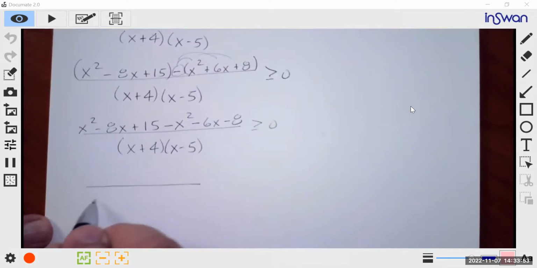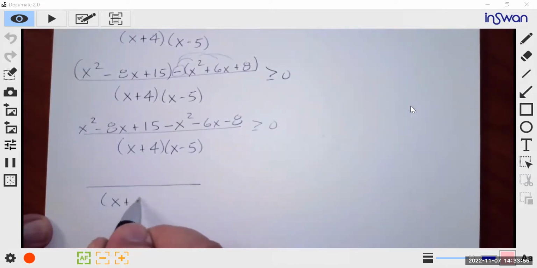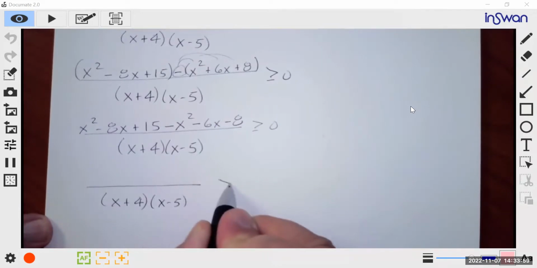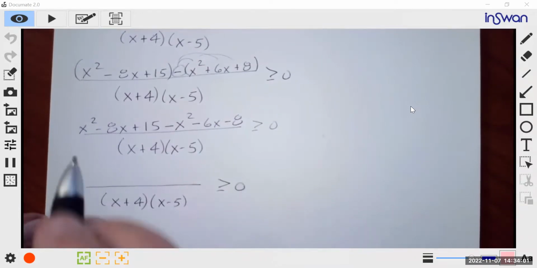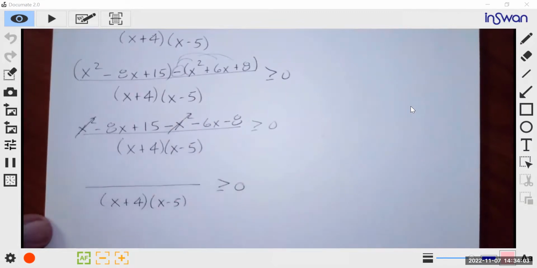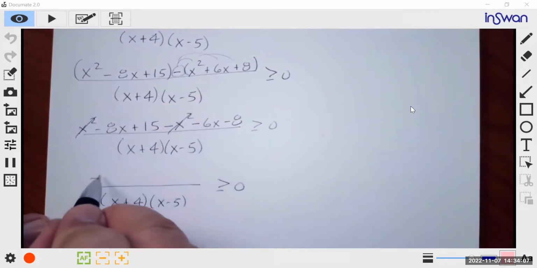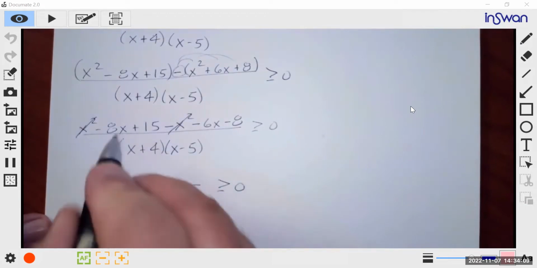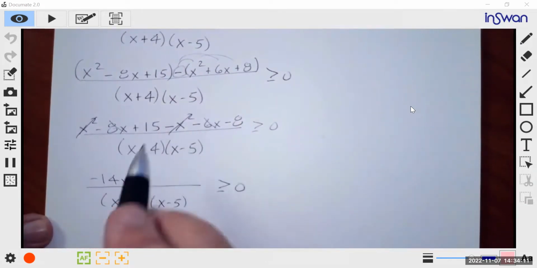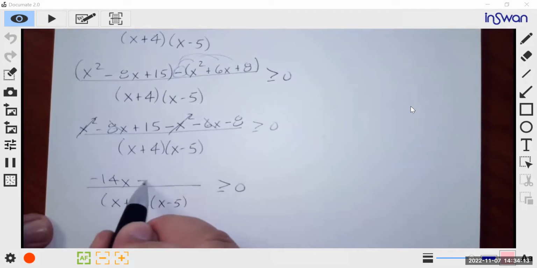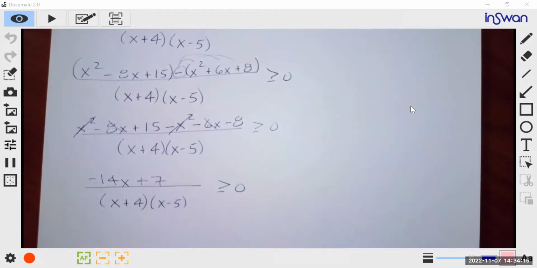Combine like terms. So x squared minus x squared cancels. Negative 8x minus 6x is negative 14x. 15 minus 8 is positive 7.